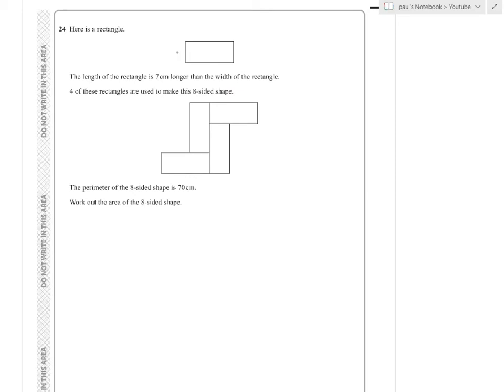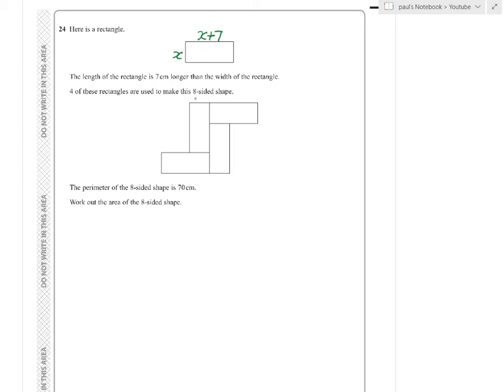Okay, so everything equals 70. So if that's x, that will be x plus 7. And all of this lot, we've got to work out the area. First of all, we'll work out the perimeter to find out the value of x. Then we can multiply to find out the area.